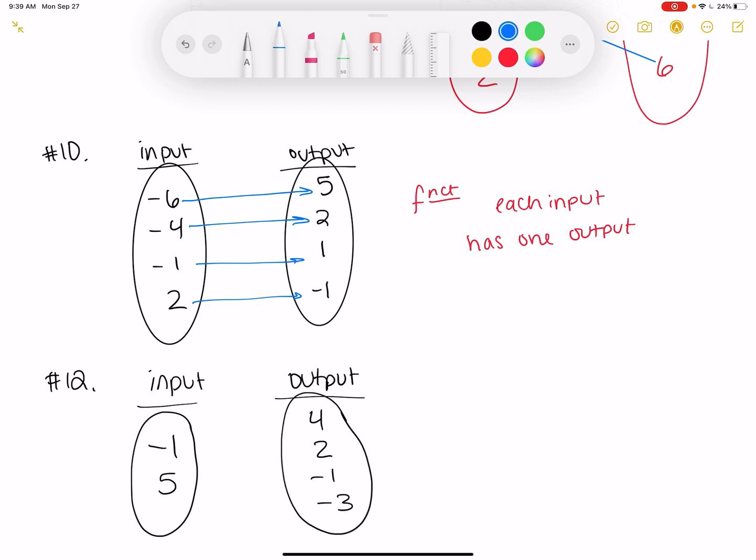And then they have -1 going to 2 and -1, and then 5 going to 4 and -3. Is this a function? Why not? Because the input has more than one output.